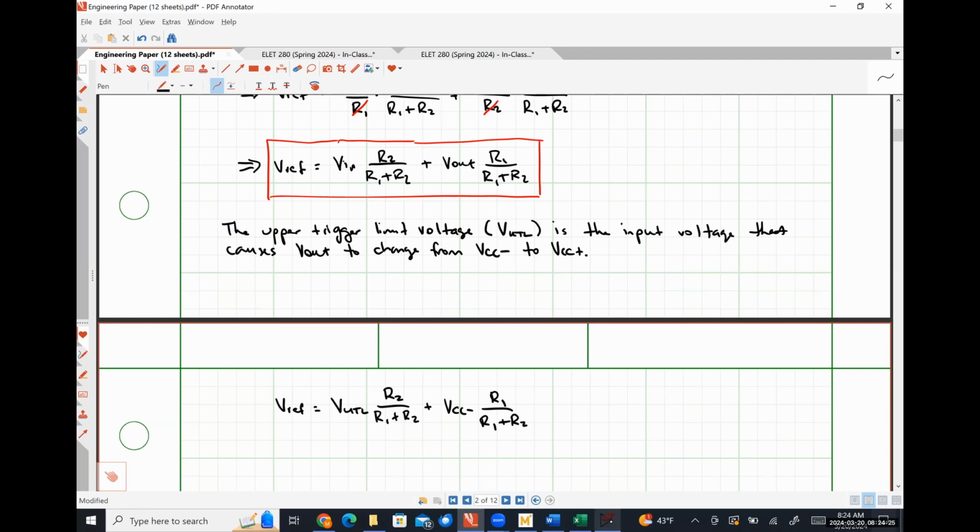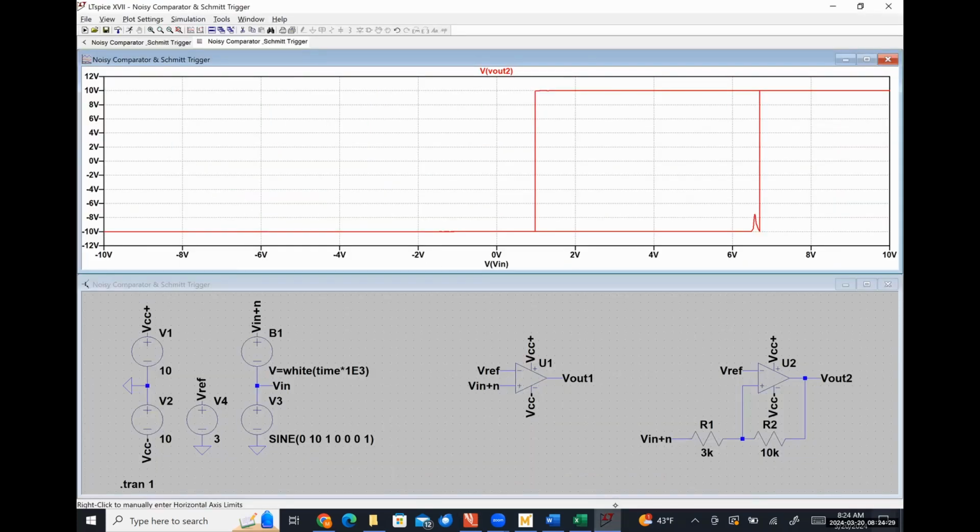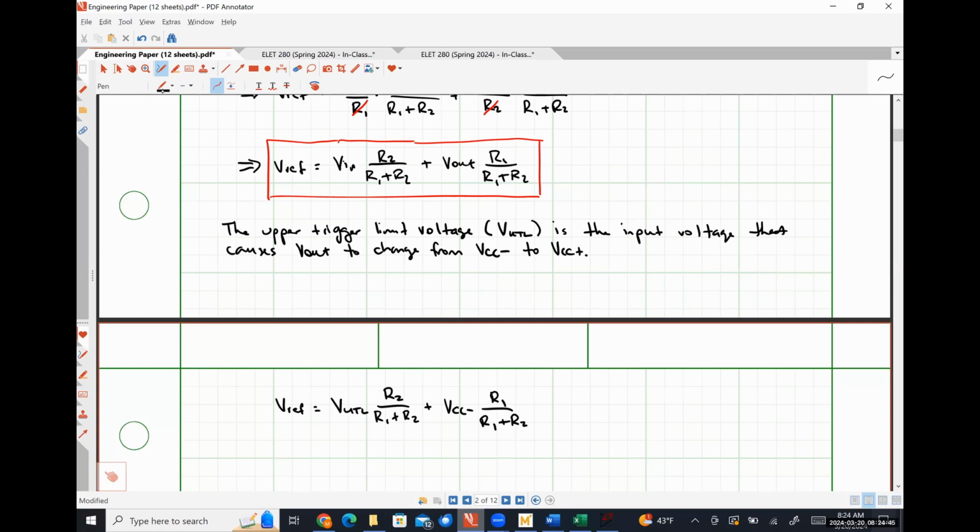So if we look at our circuit that I have here in LTspice, my reference voltage is 3 volts. My resistor R1 is 3 kiloohms and my resistor R2 is 10 kiloohms. So let's write those things down here, right?